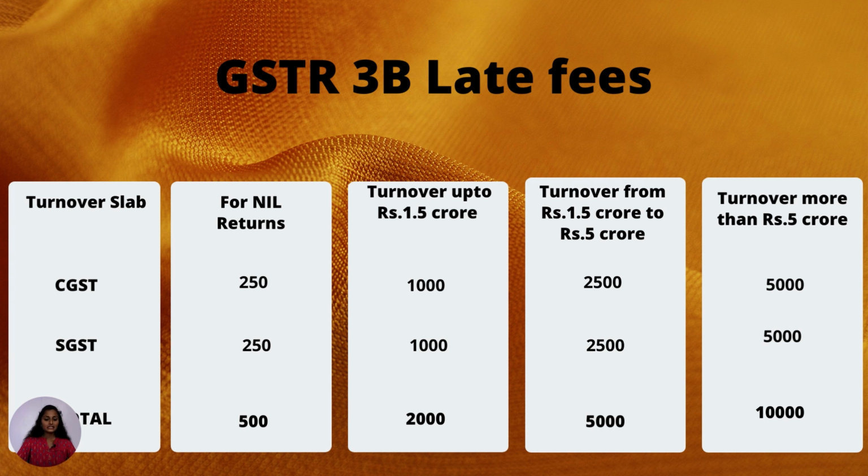For the turnover from 1.5 crore to 5 crore, CGST 2500 and SGST 2500, and the maximum late fee is 5000. And for the turnover more than 5 crore, CGST 5000 and SGST 5000, so the maximum late fee is 10,000.